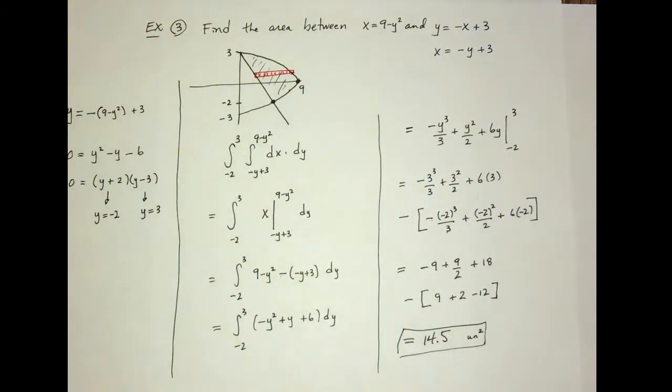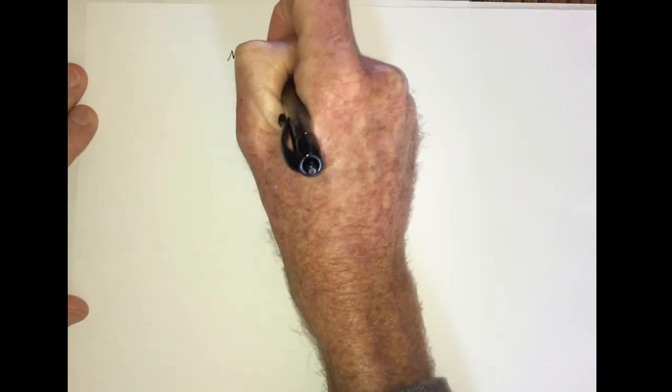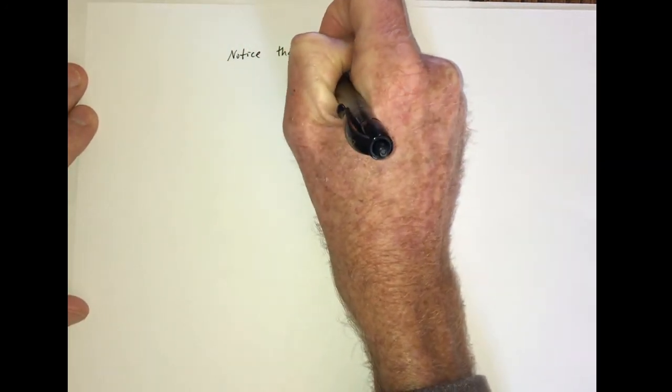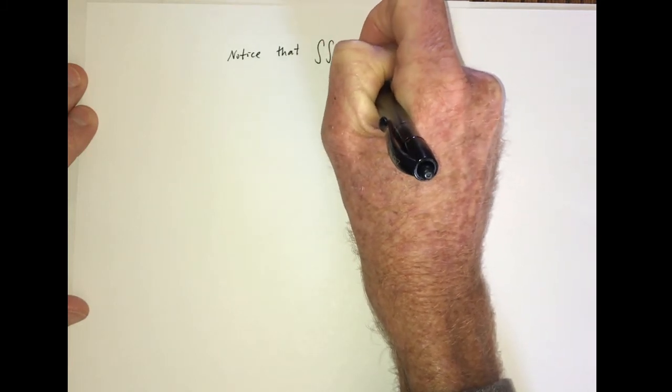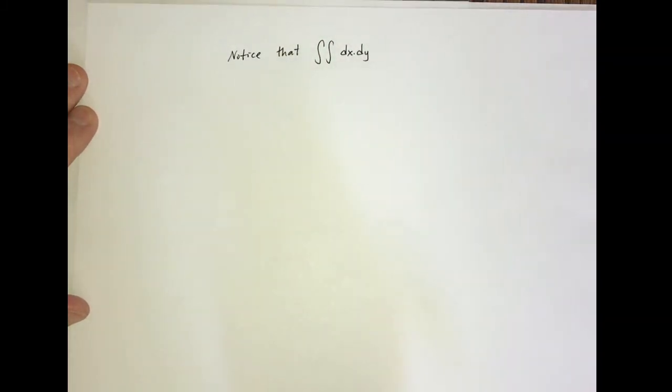And now that we've had a lot of fun finding area, let's find volume. So notice that when you do a double integral, and then you put dx dy, and you put the limits, and you do the integral, that finds area.